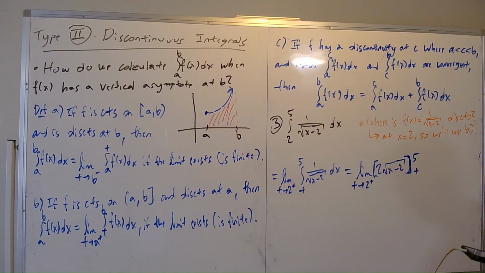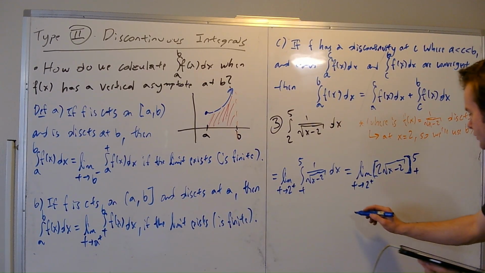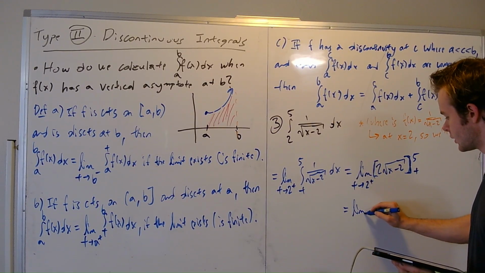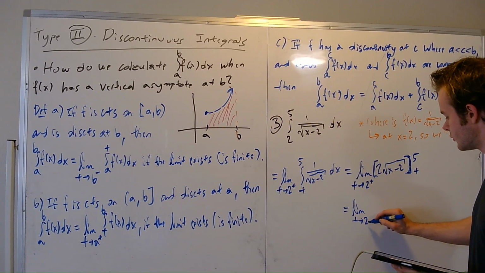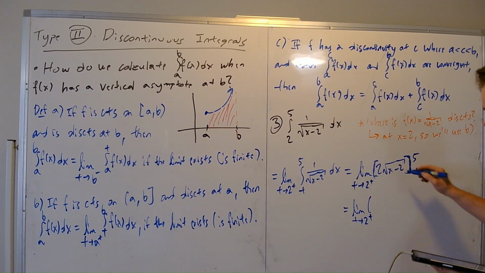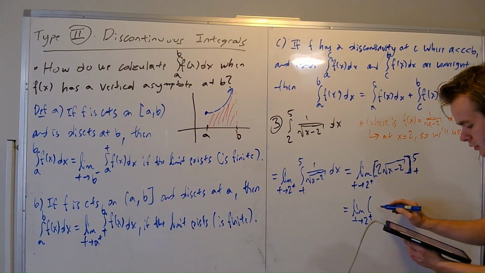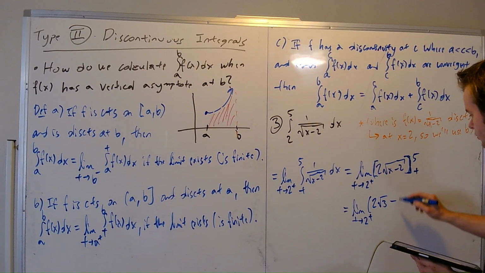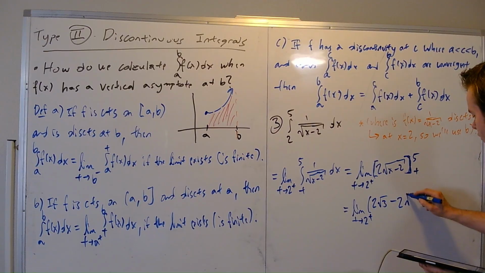Right, so that's eventually where we're going to get to, and this is equal to the limit as t goes towards 2 from the right of, so we just plug in the numbers, right? We plug in 5, so we're going to get 2 root 3, minus whenever we plug in t, we get 2 root of t minus 2.